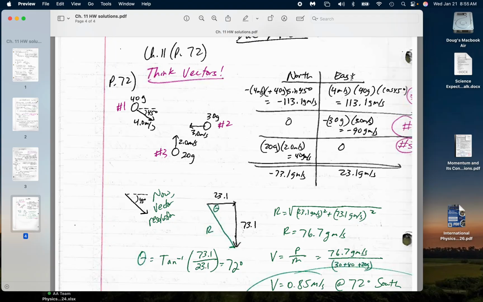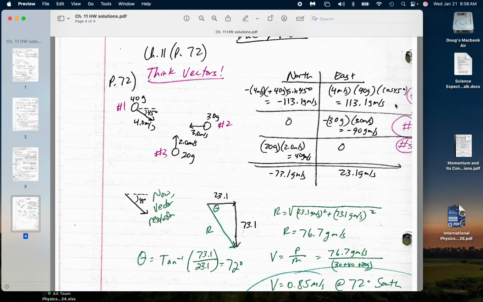I chose north and east to be positive. So in this case, it is 4 meters per second times 40 grams. So that's 160 gram meters per second, times sine 45 degrees. North is up, so I have negative for this, negative 113.1.